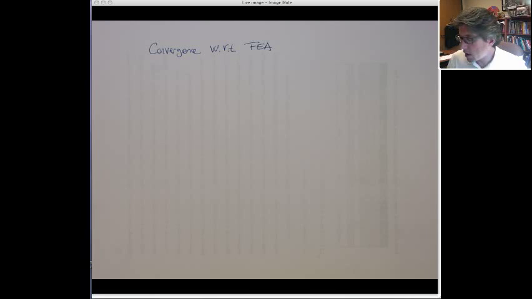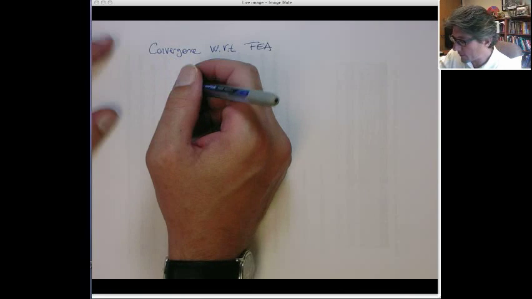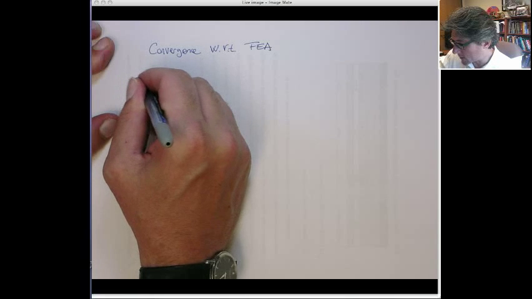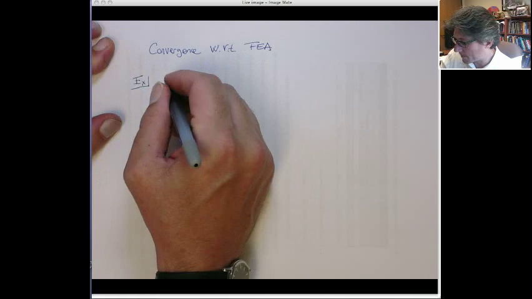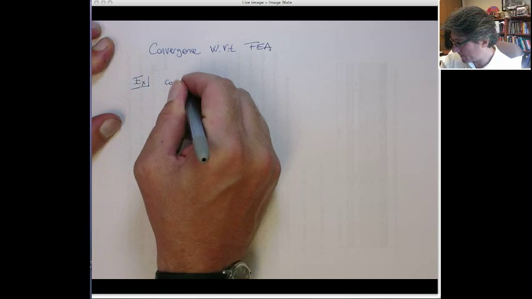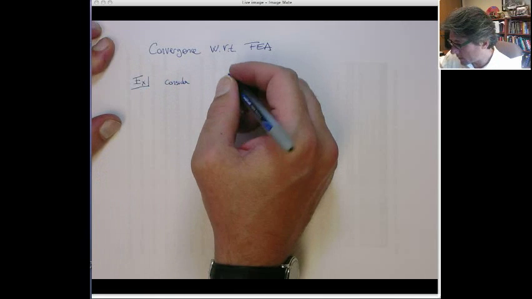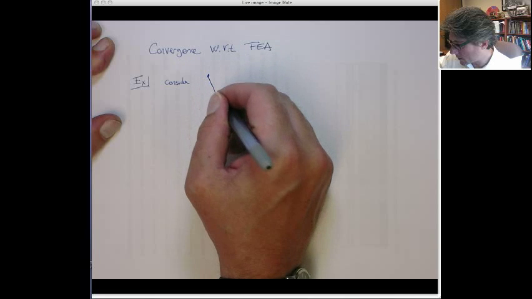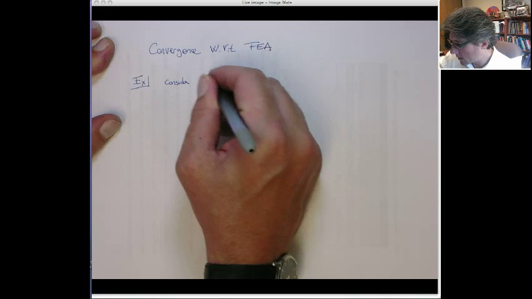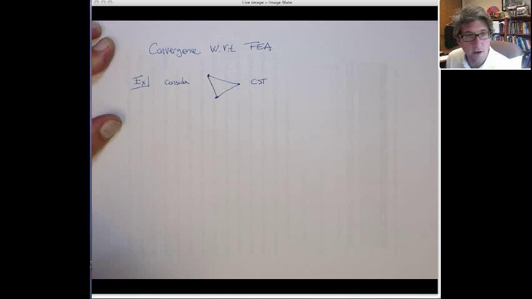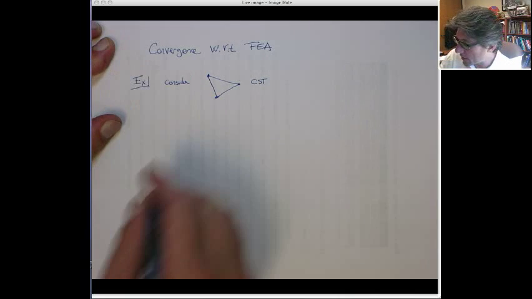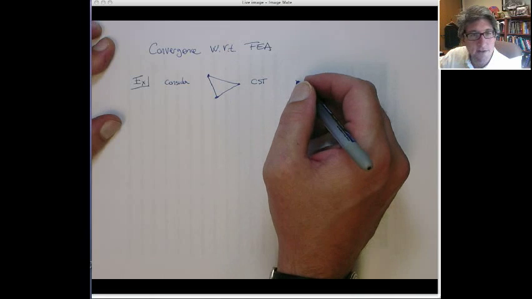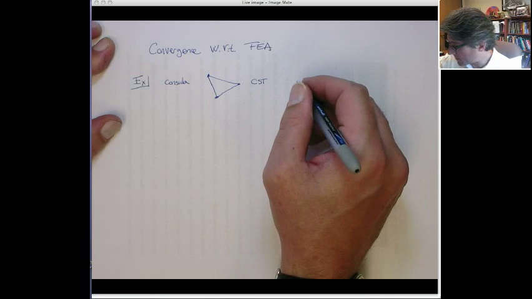So we know. Let's do an example. I think this shows it the easiest way. Let's consider our good friend, the constant strain triangle. For the constant strain triangle, we know that it's linearly complete in the displacement.